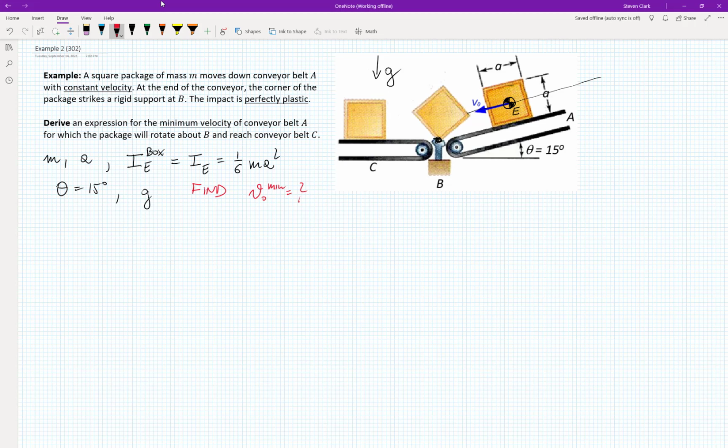Okay, guys. So I think that we will start with a hit because our body will hit that pivot. So let me draw some momentum diagrams first. Okay, so this is our situation at the beginning. We have our box going this way.